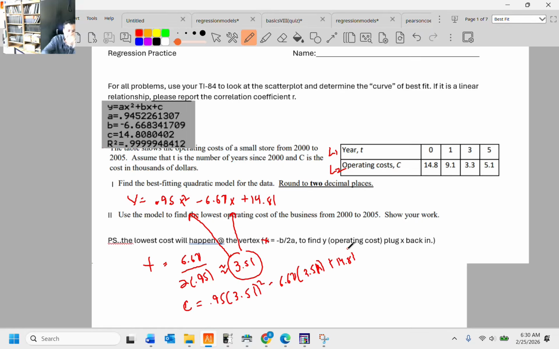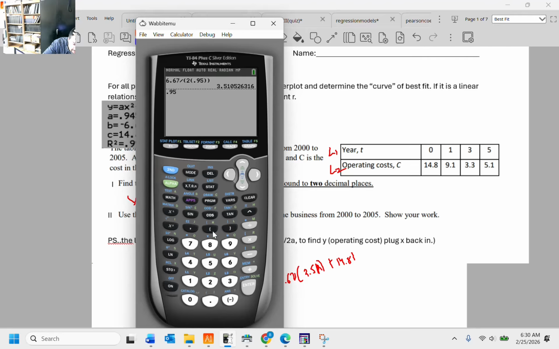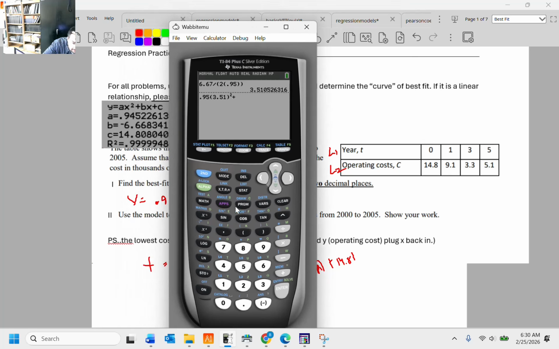I just push some buttons on the TI-84 and it'll tell me what the answer is. See, it's actually a negative 6.67.